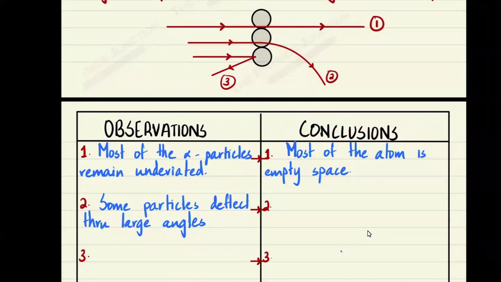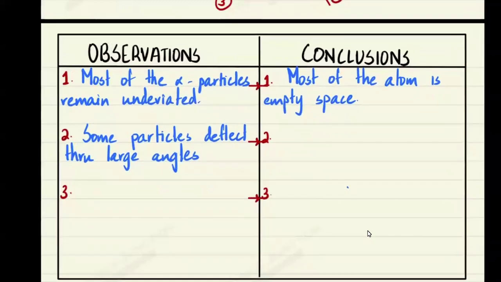So this means that the nucleus must have also been positively charged to repel these positively charged alpha particles like this. So I'd say that what this tells me is that the nucleus is positively charged.